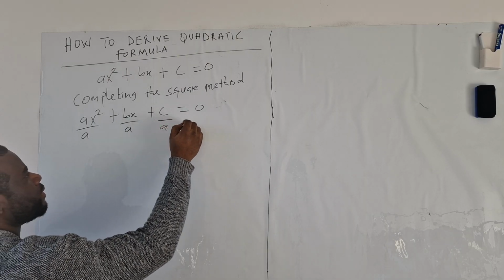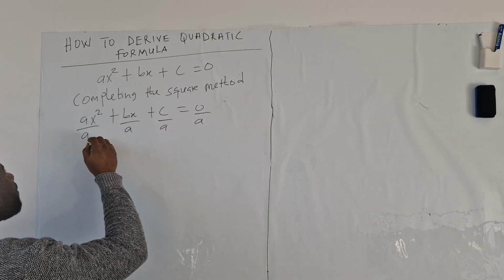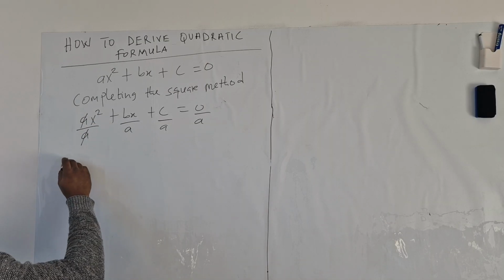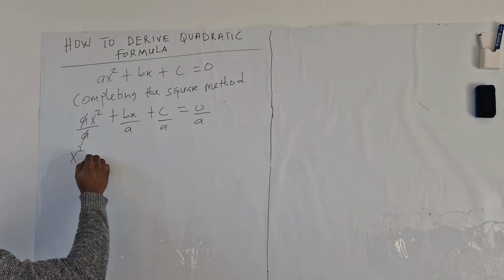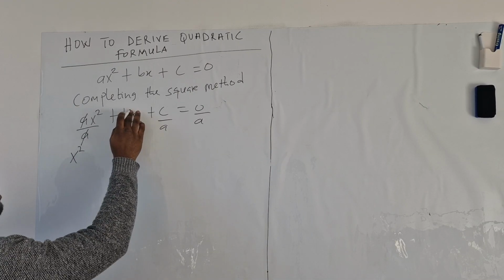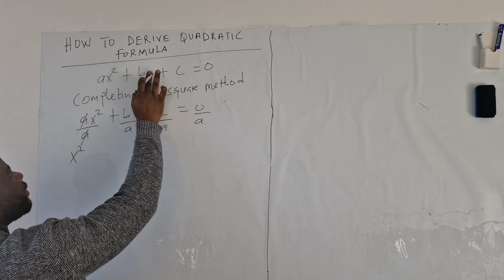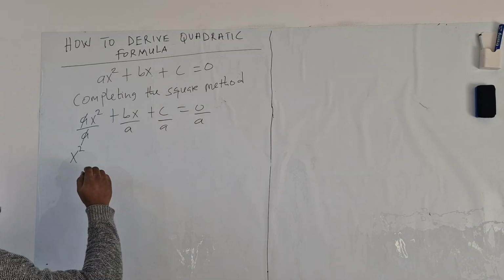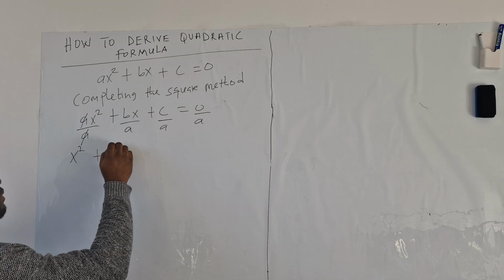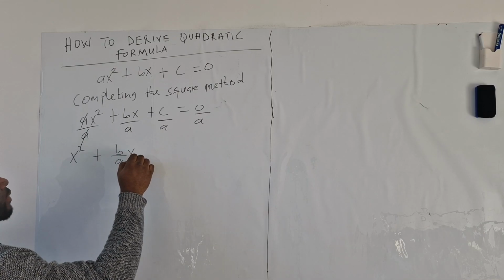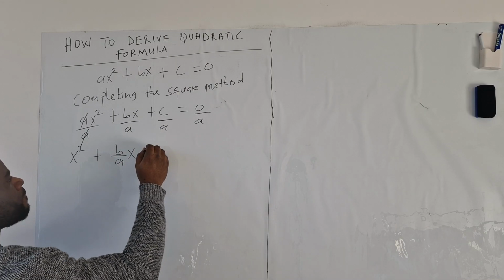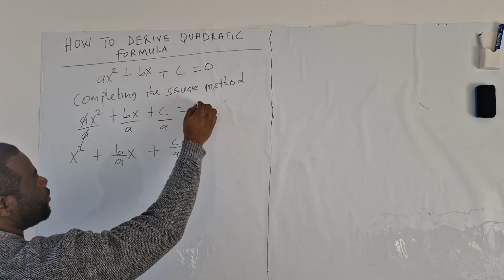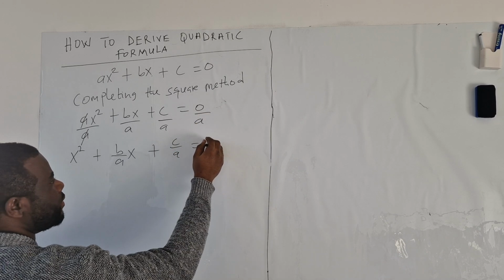Divide here by a, also by a. Now this a will cross out this a. We are left here with x squared plus b on a x plus c on a equal to 0, because 0 divided by anything we know is 0, right?